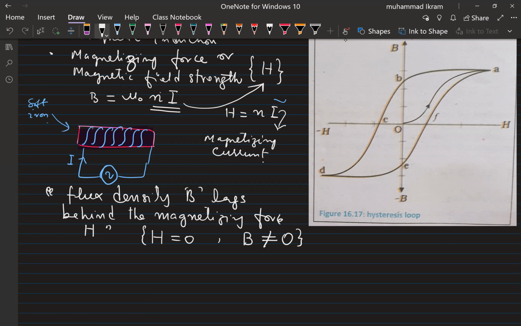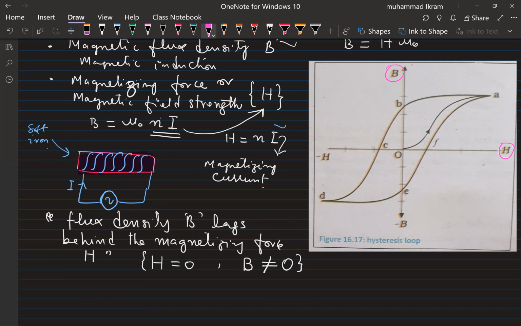If we plot the graph between H and B, here is our H, here is our B. If we increase the current in one direction, for example from 0 to T by 2 in the positive half cycle, as the current increases, the magnetic flux density increases, but only up to a certain level.